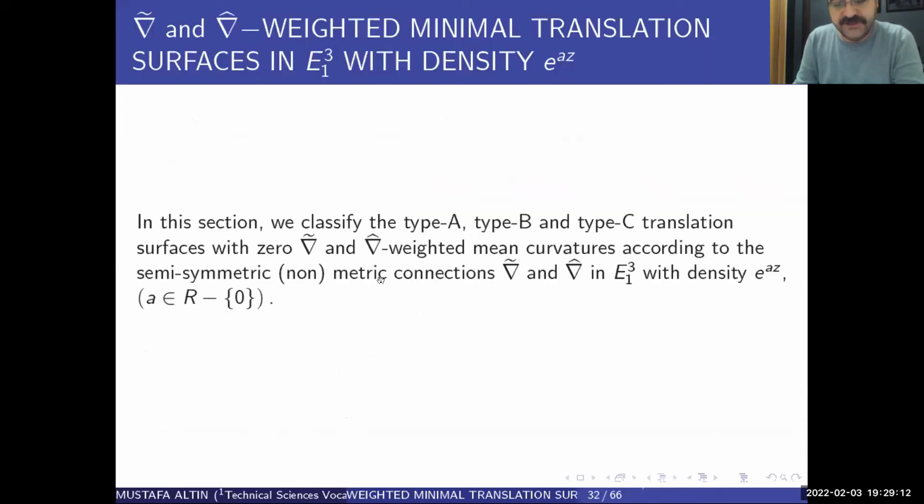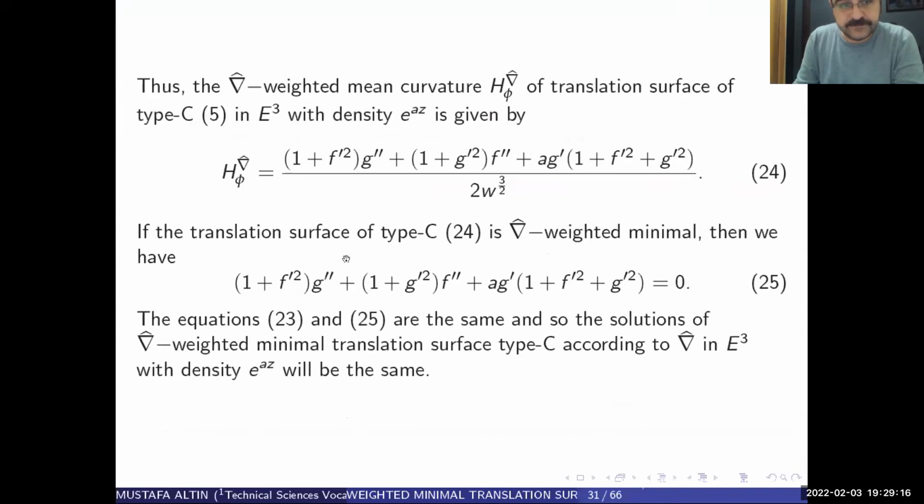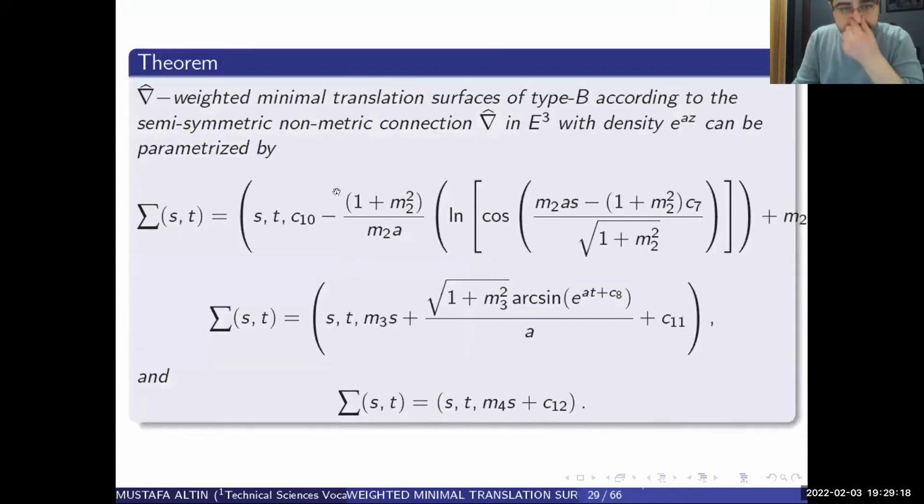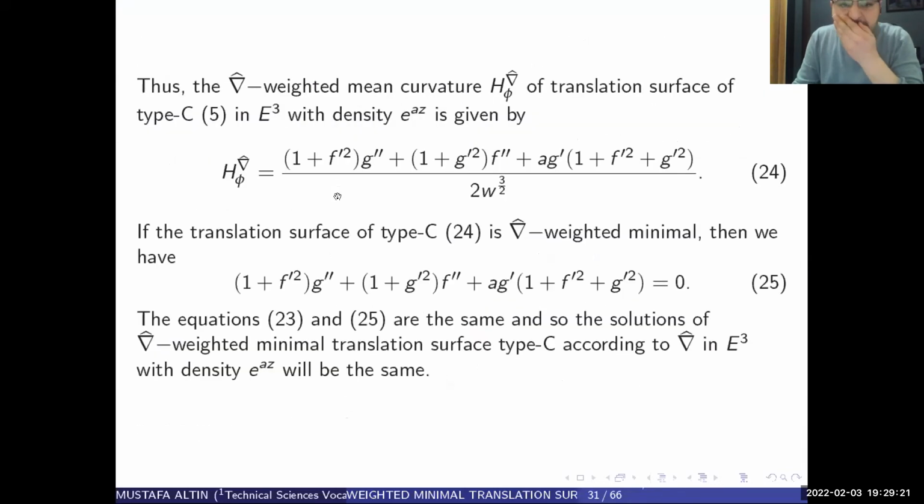For type C, the weighted minimal translation surface of type C according to the semi-symmetric non-metric connection in Euclidean three-space with density e^{az} will be the same as type B.